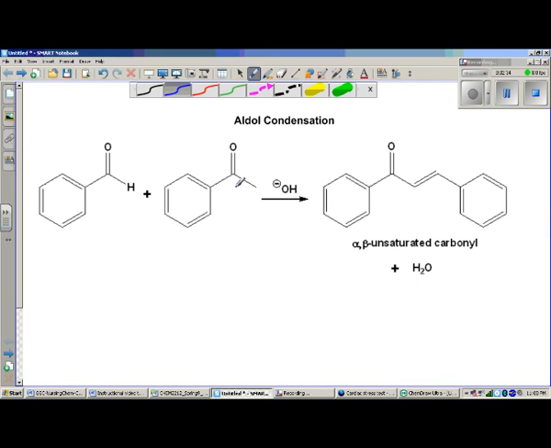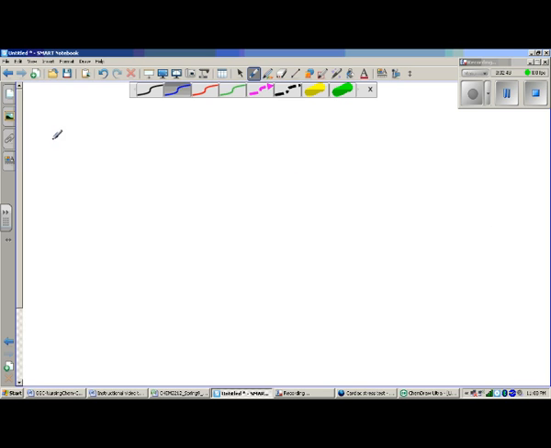This one, on the other hand, is exactly the same except there's a methyl group here. So this is where the alpha hydrogens are. So this is going to react with this guy, and it's going to produce an intermediate. Let's see if we can start that off then. So what we have is our acetophenone. Let's draw this out.